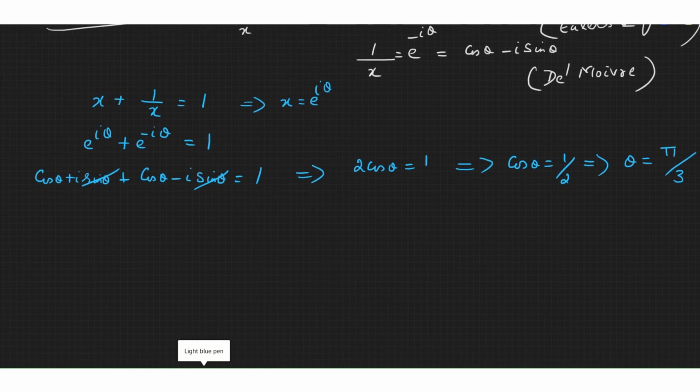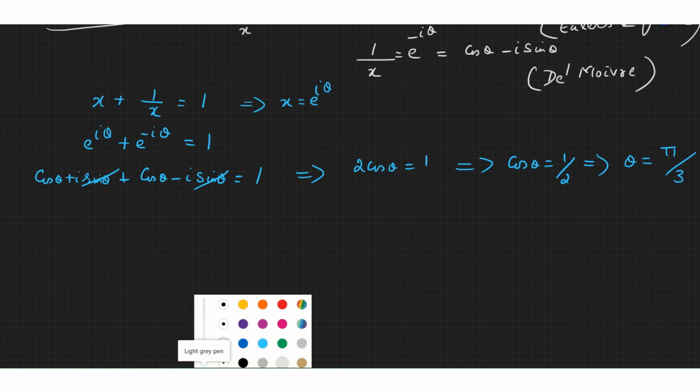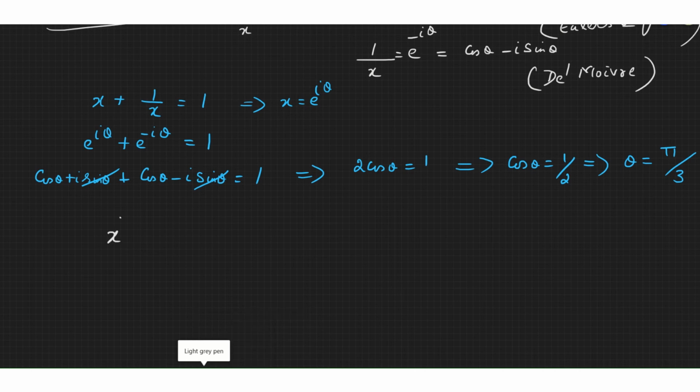Now, if e raised to i theta is x, my x to the 7 will be e raised to i theta whole raised to 7, which is e raised to i 7 theta, which is cosine 7 theta plus i sine 7 theta.